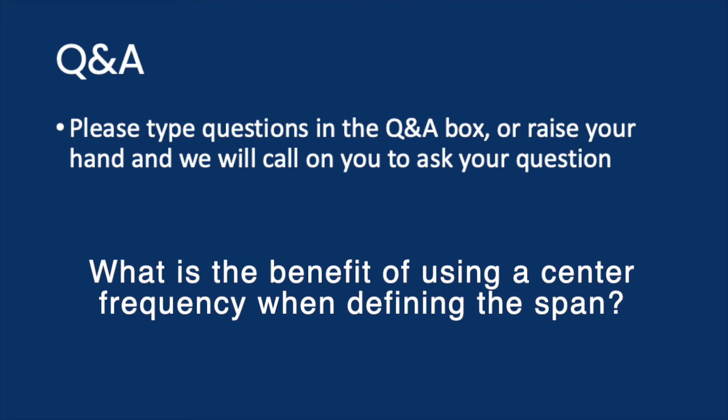So, for example, if I know I want to look at a 1 gigahertz signal with 20 megahertz of span around it, I will typically set my center frequency at 1 gigahertz and then set my span at 20 megahertz. The other way you could do that is you could just set the start and stop frequency at 990 megahertz and 1.01 gigahertz. But I think it's easier to use a center frequency in that situation. But it's really user preference, I would say.